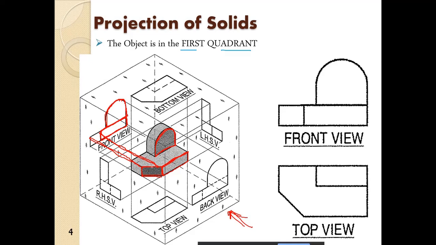So this is basically an inclined plane. This is projected up to this point, and this entire surface we will see in this manner. So that is the front view.